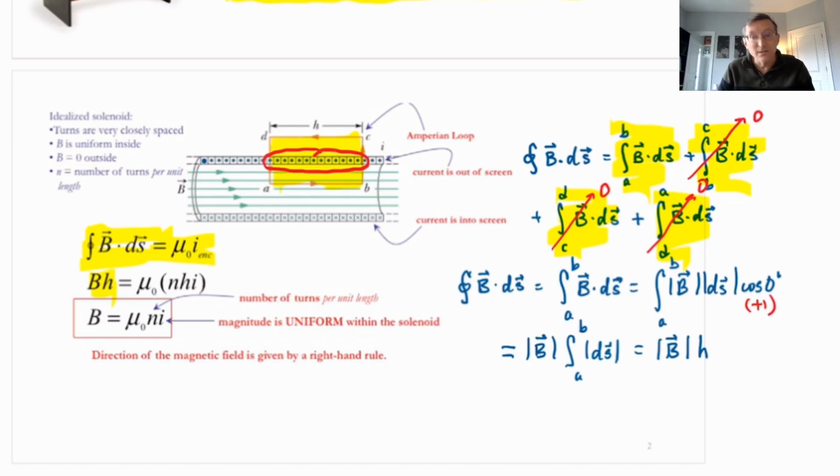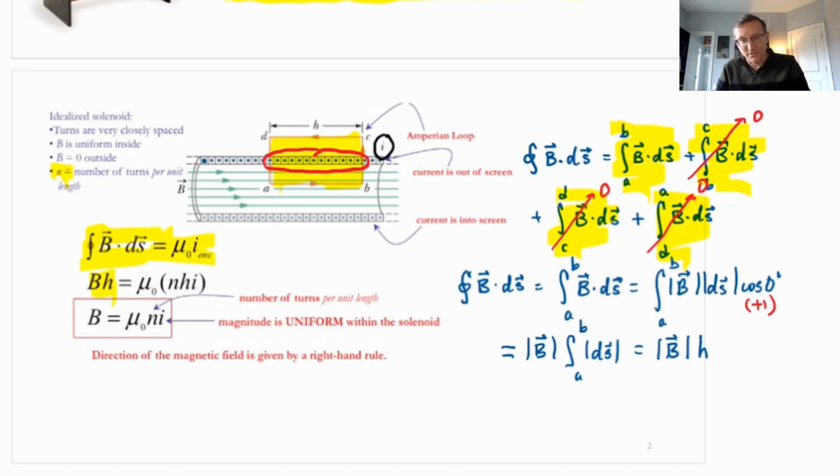The only question is, how much total current is it? Remember, the current is I through each winding. So I'll take I times the number of windings that is. Now the drawing is schematic, so I can't just sit there and count those windings. I have to use this other property, I'm told, that there are little n turns per unit length.